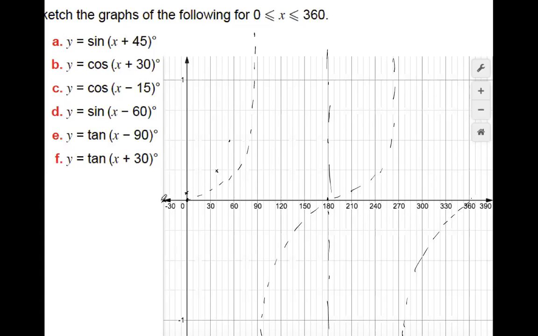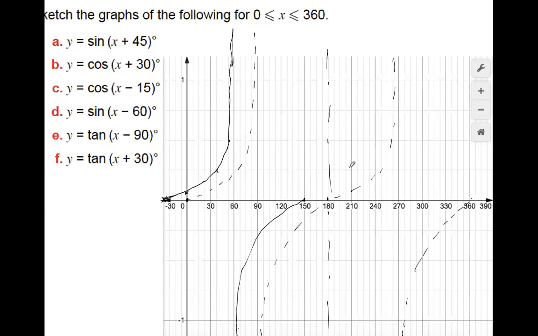So basically, this is my tan moved by 30 degrees to the left. And I'm never going to touch this line here. Then I'm going to come back down from here, and every single one of them has been moved to the left by 30. And then this would just go right up to here.